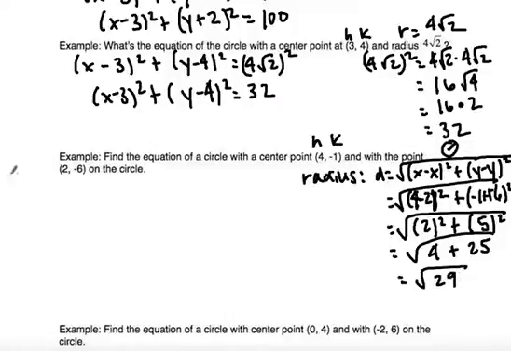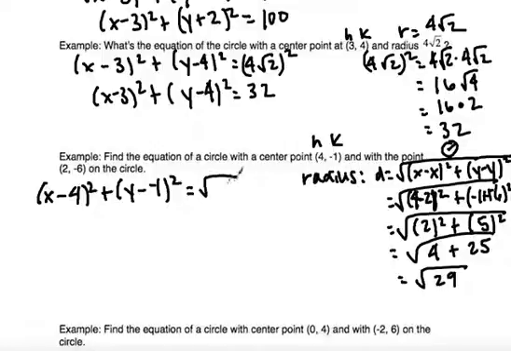So when I write my equation, I have my center point at (4, -1) and my radius, which is square root of 29. My equation for this circle is (x - 4)² + (y - -1)² = (√29)². I can clean that up. The first part stays the same.